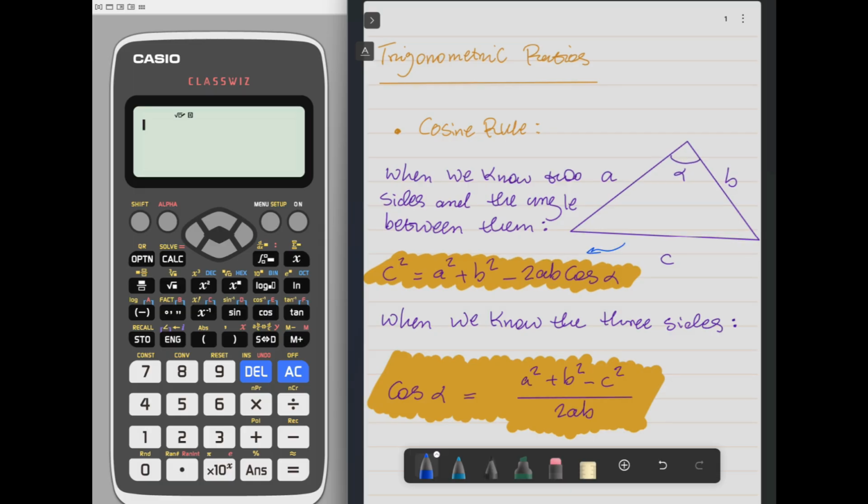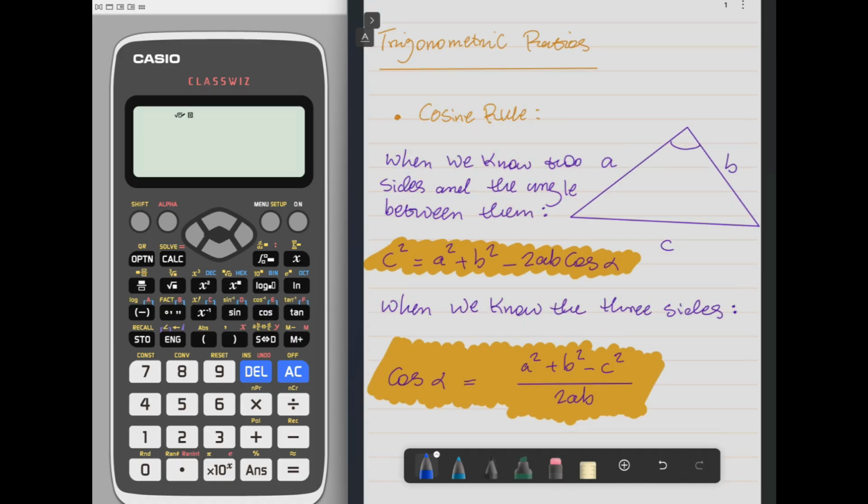I have side A, side B, and angle alpha, which is between A and B. This condition is important. I can figure out the side C using this formula: C squared is equal to A squared plus B squared minus 2AB cosine alpha. That is all there is to it.